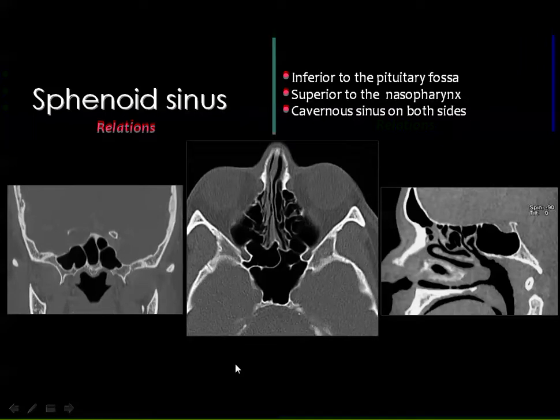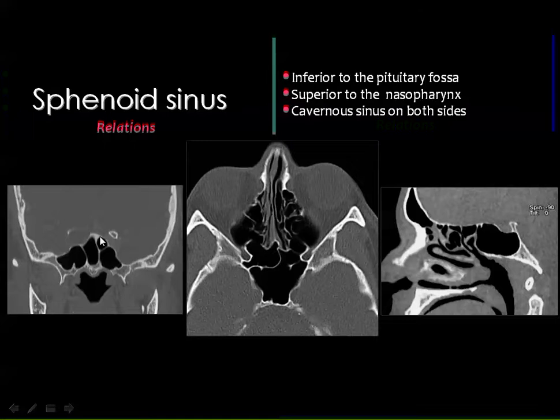The sphenoid sinus lies inferior to the pituitary fossa and superior to the nasopharynx. On both sides, the sphenoid sinus is related to the cavernous sinus. And sphenoid sinusitis is one of the known causes of cavernous sinus thrombosis in some cases. And here you see this is the frontal sinus, ethmoidal air cells, and this is the inferior turbinate and the middle turbinate.